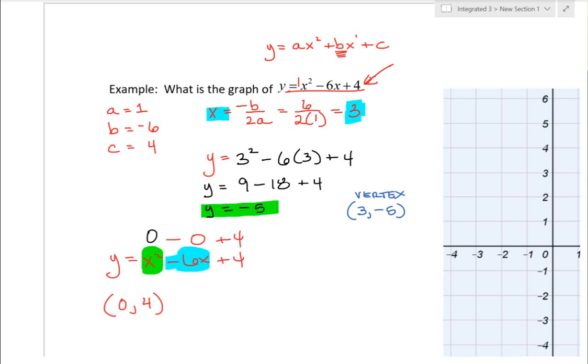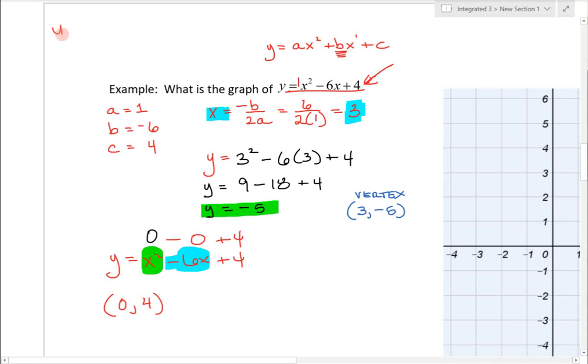If it is 0, then that's probably the vertex as well. But whatever your c term is, that is where your graph is going to cross the y-axis, and that is every single function ever.